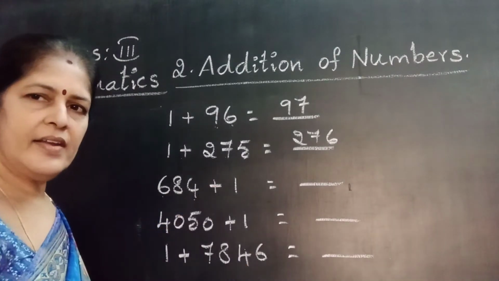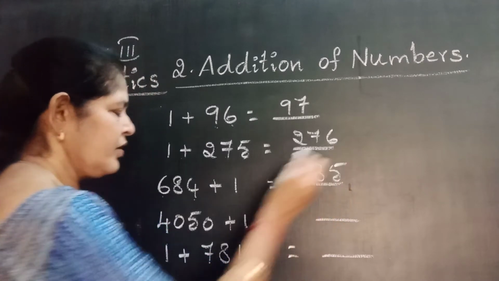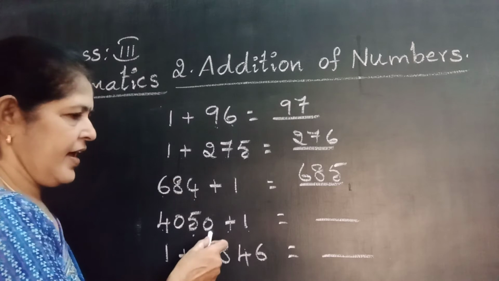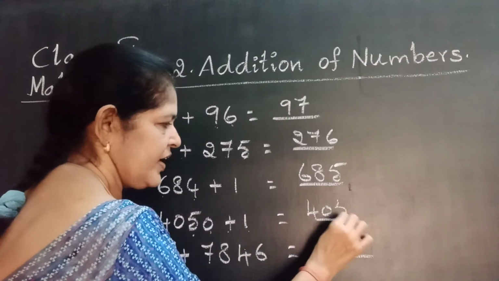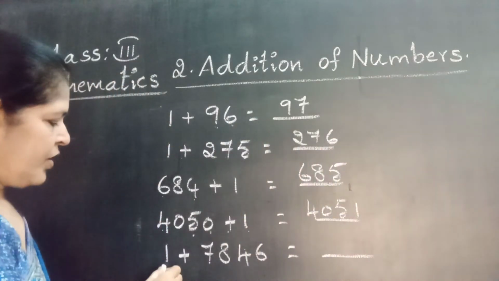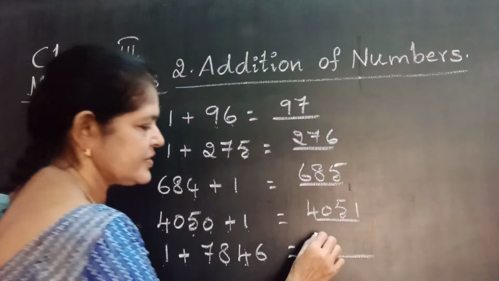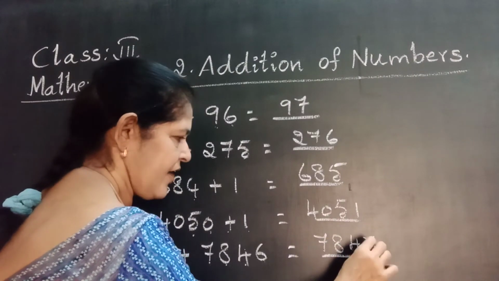684 plus 1. Yes, the number after. 685. Very good. 4050 plus 1. Be careful here. Yes, 4051. Very good. 1 plus 7846. 7847.